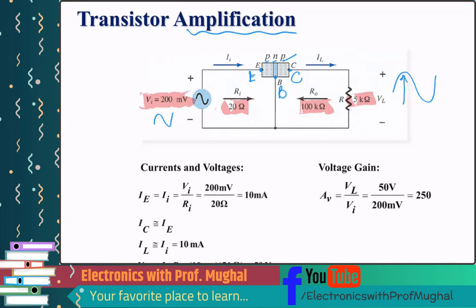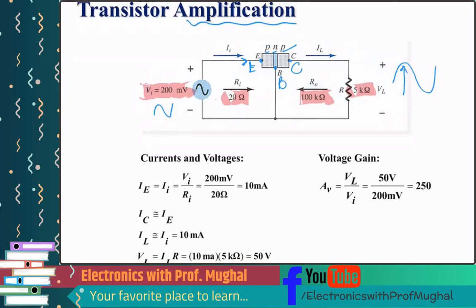Let's find the emitter current, which is the current flowing into the emitter terminal of the transistor. Simply apply Ohm's law, which is VI over RI. VI is 200 millivolts, RI is 20 ohms. If you do the math, you get IE equals 10 milliamps.